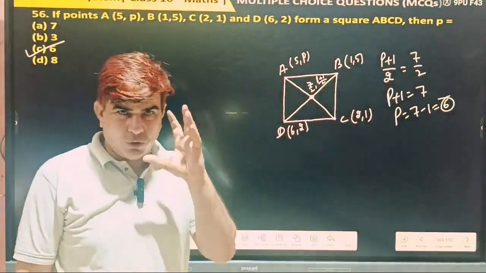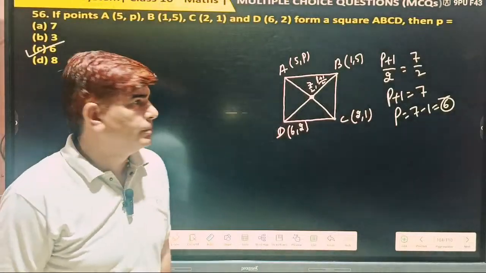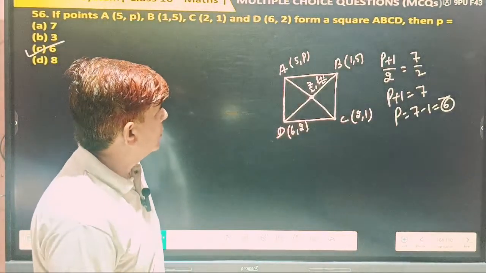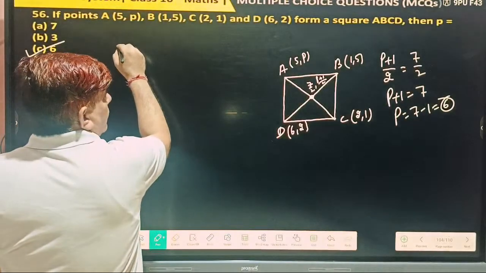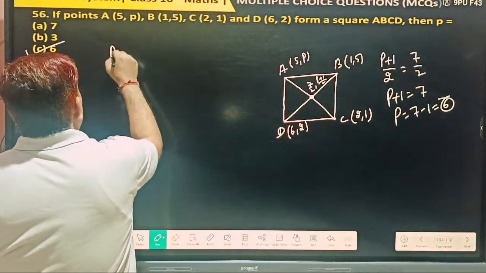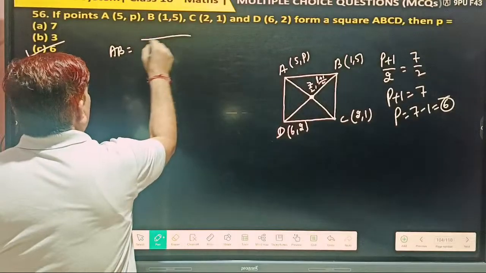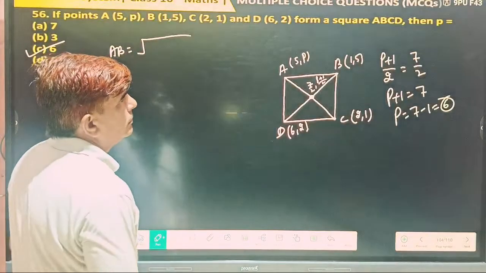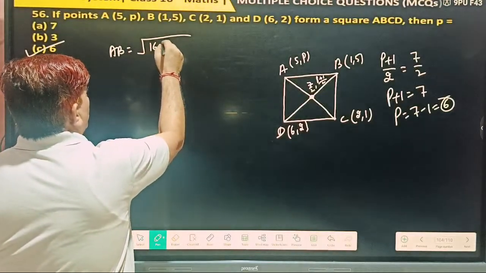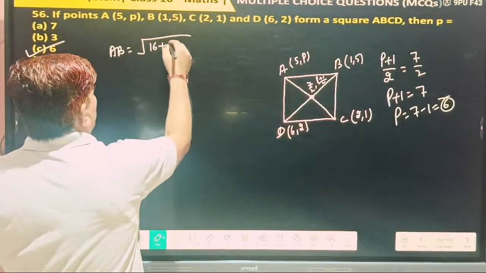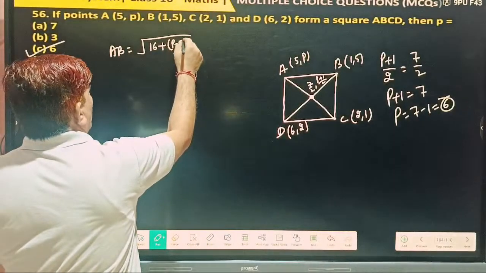Understood? If solving in a competitive exam, another method: this I have taken AB. AB equal to under the root 5 minus 1, 4, 16 plus P minus 5 whole square.